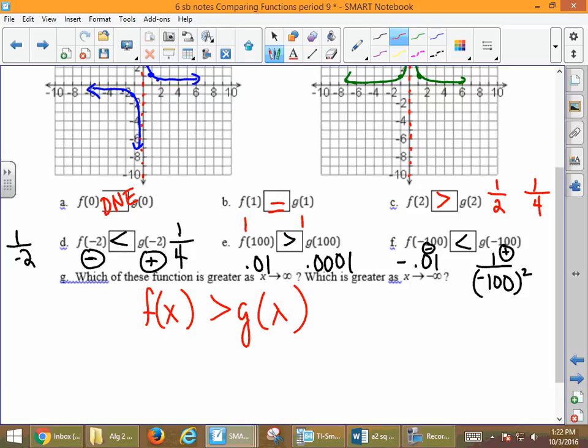It's still less than g of -100, and -100 is getting smaller and smaller. We're getting closer and closer to negative infinity, which means when x approaches negative infinity, f of x is going to be less than g of x, because when we square a negative number, it always becomes positive.